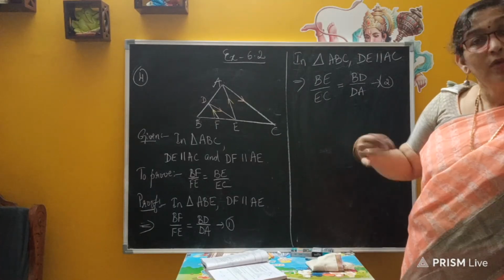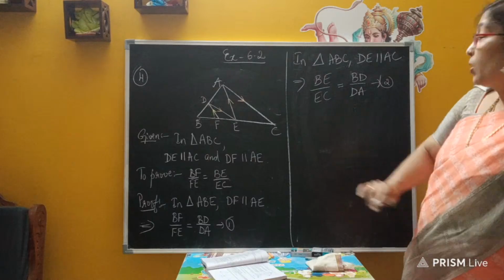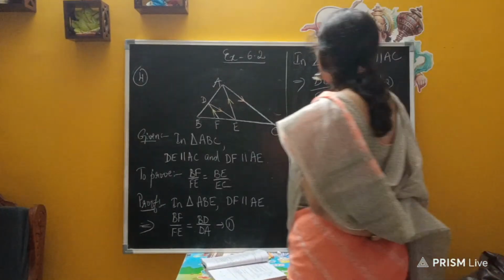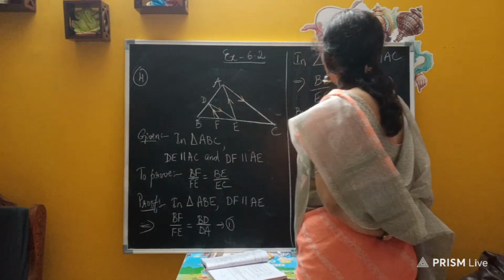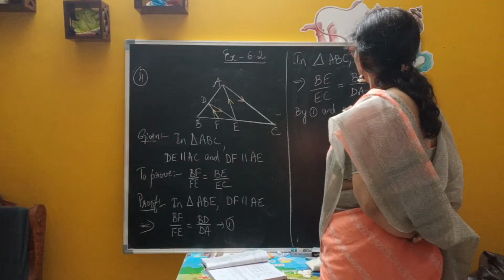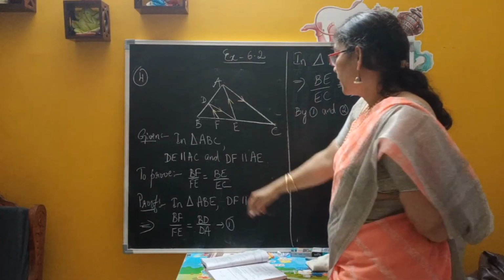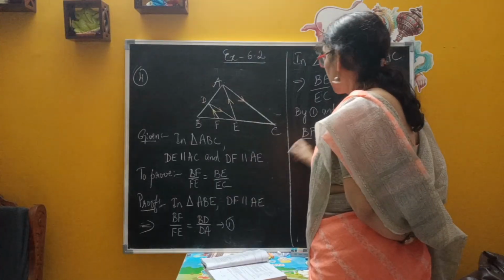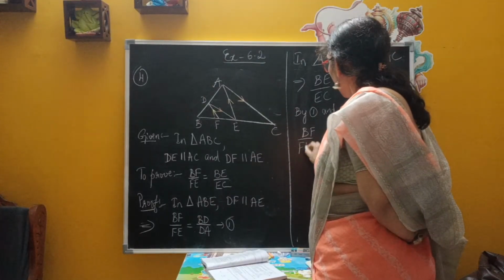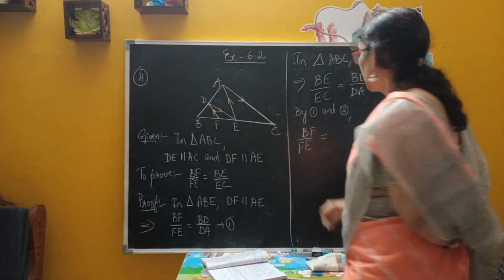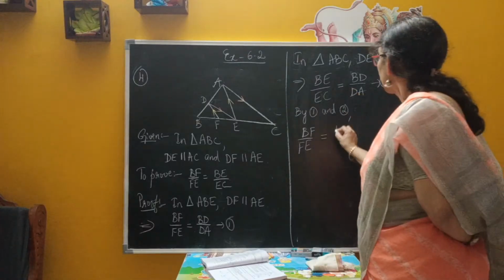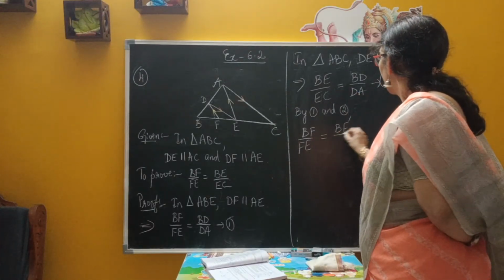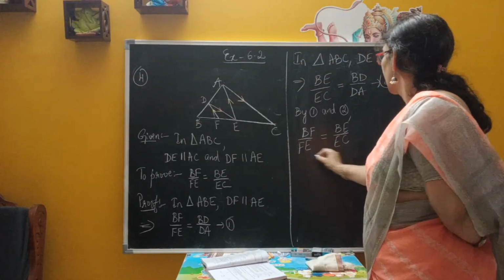If RHS is equal, obviously LHS must be equal. Okay, so what do you say now? By 1 and 2, we can say BF by FE, that is LHS of the first equation, is equal to LHS of the second equation, BE by EC.